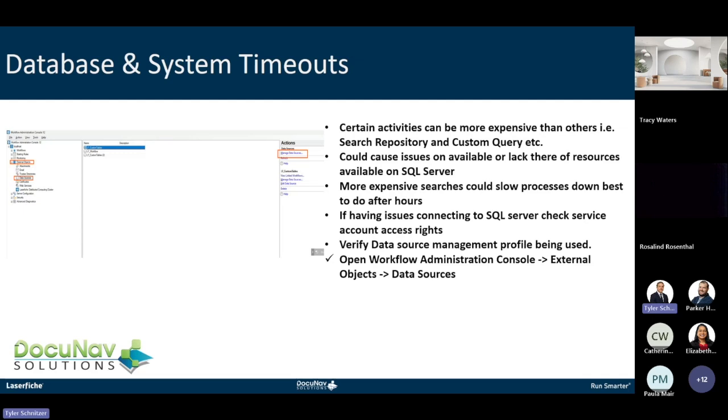I will say that too, with expensive search queries from the repository, you can narrow it down by using the last digit of the entry ID. That's a very good method I like to use when troubleshooting a very large workflow that's searching through hundreds of thousands of documents.